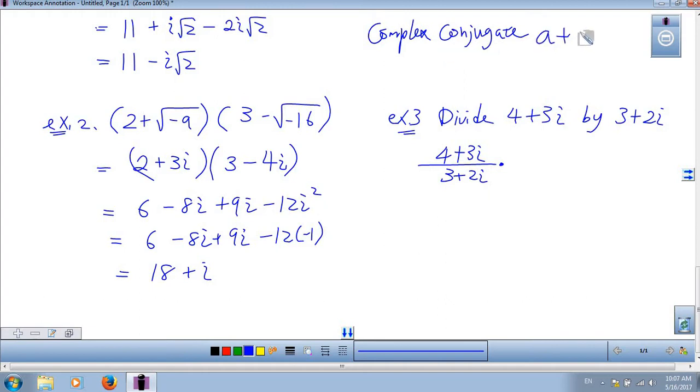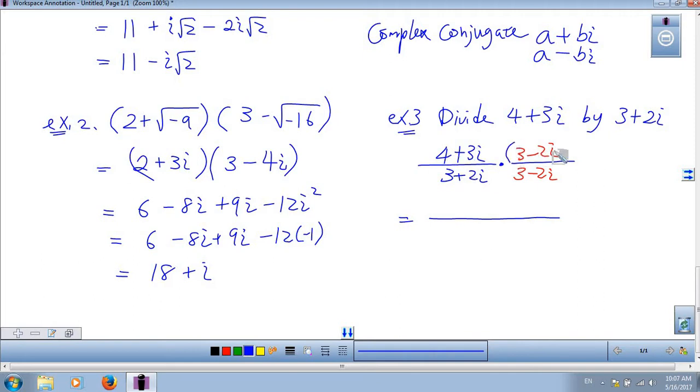The complex conjugate of a plus bi would be a minus bi, and when we multiply by the complex conjugate, it will give us a difference of squares. That means we will not have i's in there anymore, because once you do i squared, you have a real number. So let's multiply the complex conjugate 3 minus 2i on the numerator and the denominator. So the key is to convert the denominator into a real number.